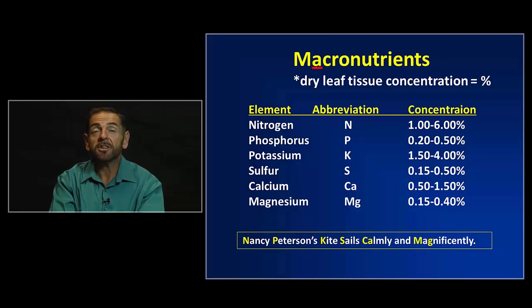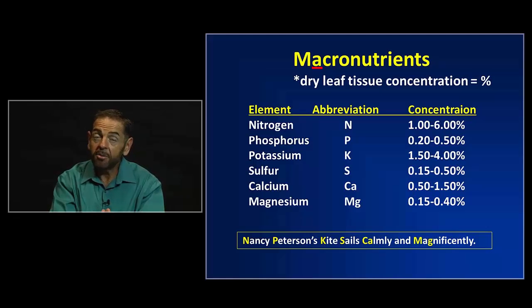Now, nitrogen is the element that's in highest concentrations, and that ranges from 1 to 6%. Phosphorus is ranging from 0.2 to 0.5%, potassium 1.5 to 4%, and sulfur is 0.15 to 0.5%, calcium about 0.5 to 1.5%, and magnesium is 0.15 to about 0.4%.